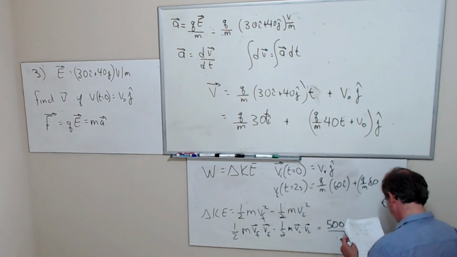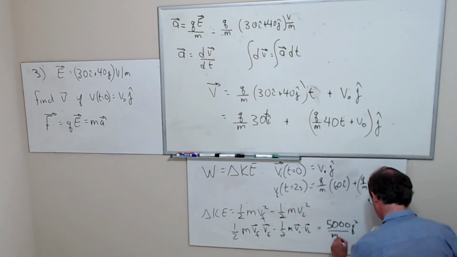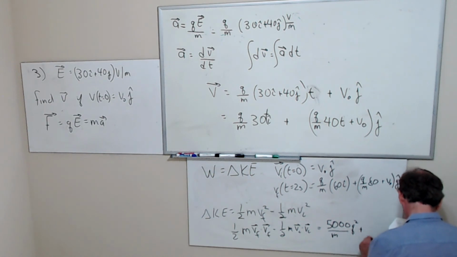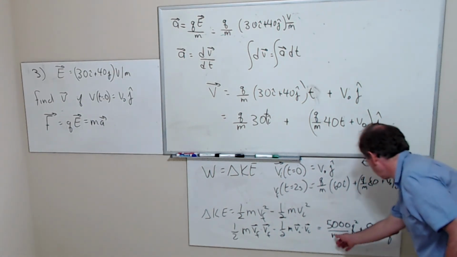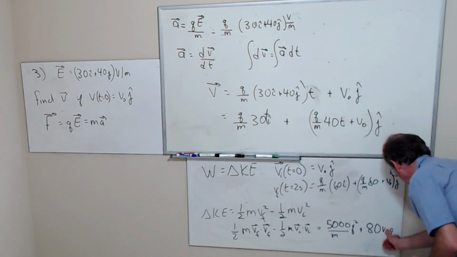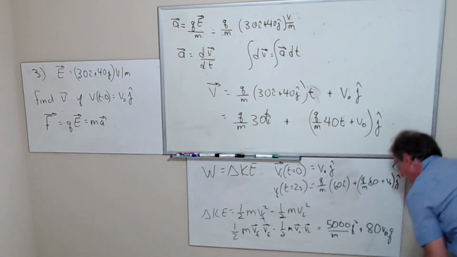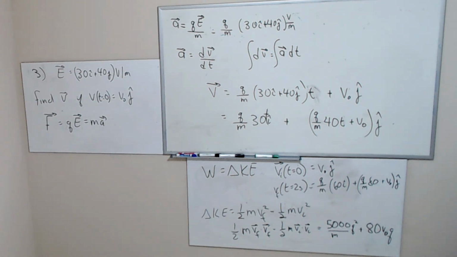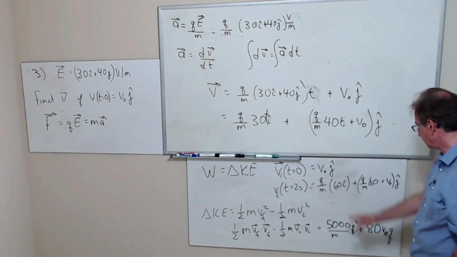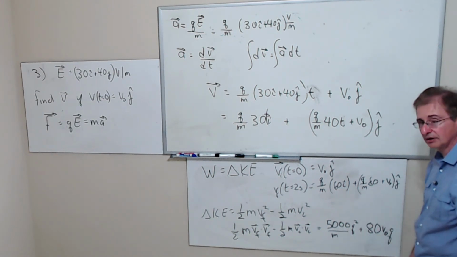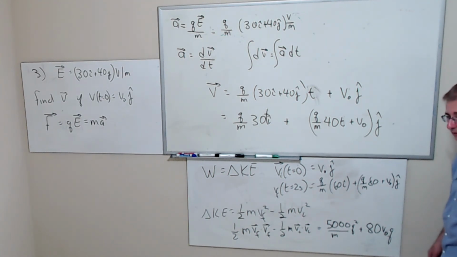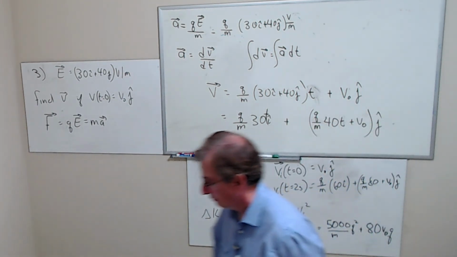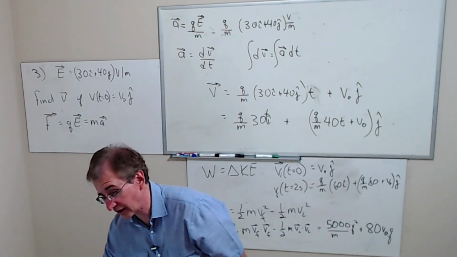You get that expression. That's an m. That's a v naught. Okay? You all know how to take a dot product, right? This dot with itself is just going to be 3600. And then this is going to give you 6400 q over m times plus v naught. Okay? Remember, a dot product gives you a scalar, not a vector.